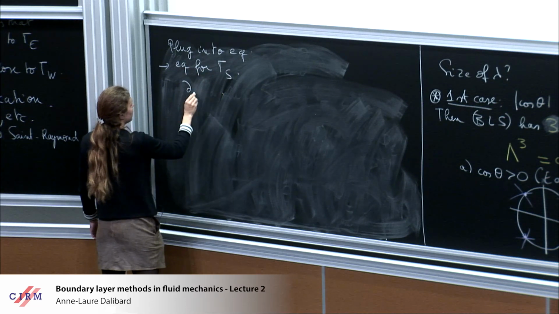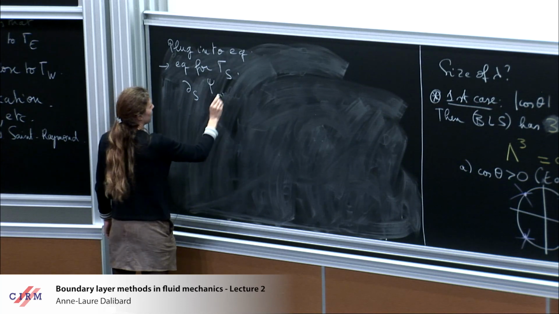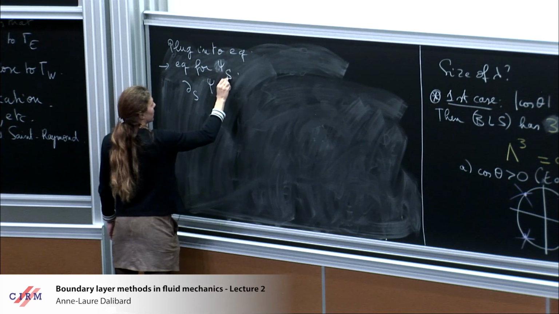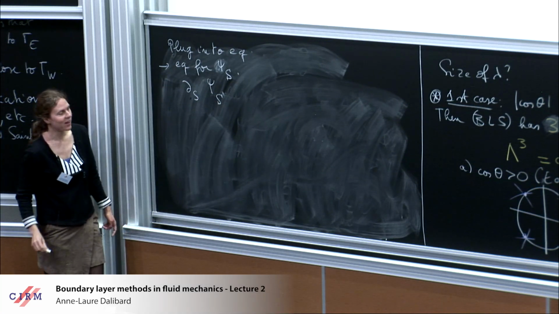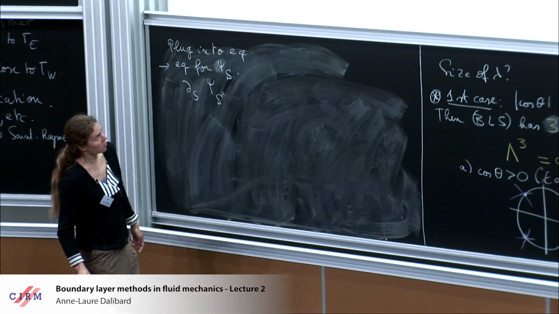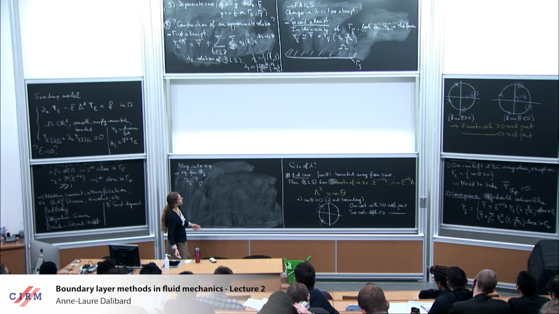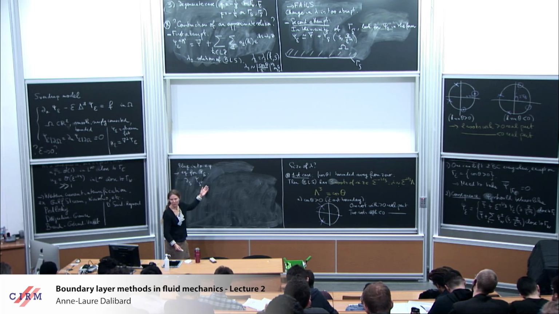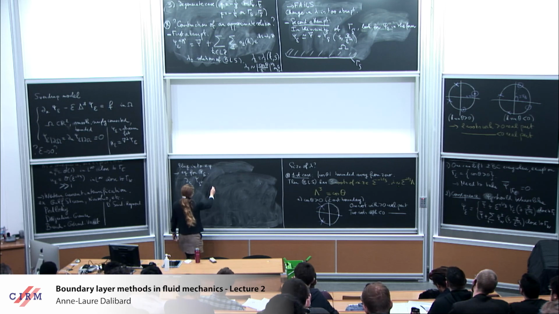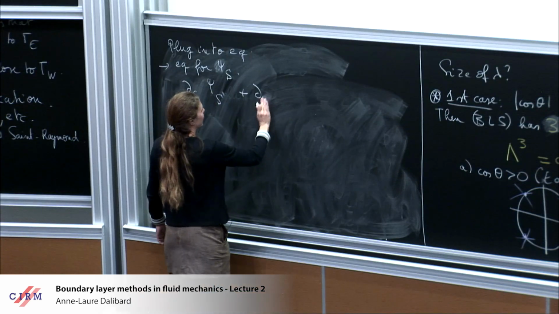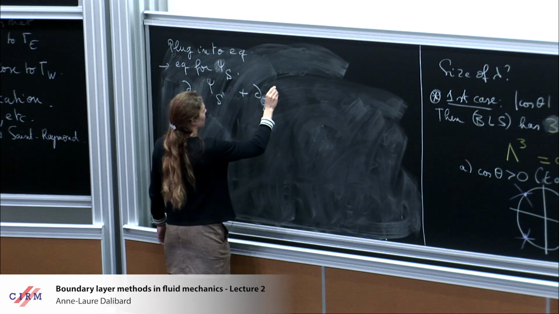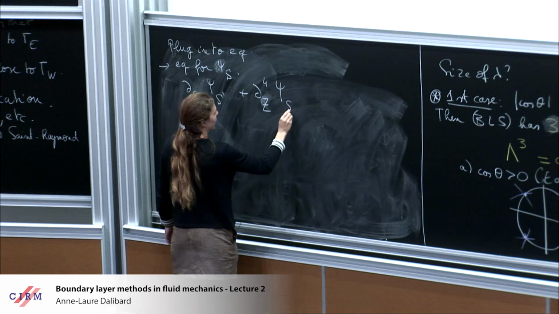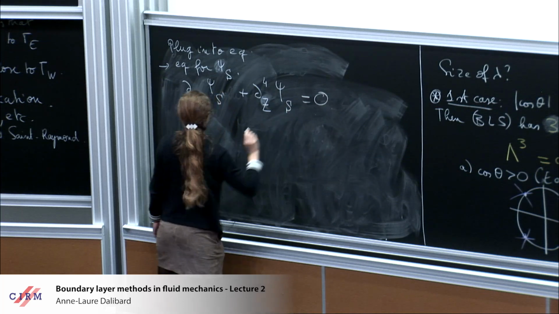You get d bar s of psi s. I'm putting a little bar here because this s is not the same as the other one. I had to choose between north and south. If I'm looking at things close to the northern boundary, then I would have a backwards equation. I wanted to avoid that, so that's the reason why I chose this. I will denote this by, let's say, capital Z to the power 4 psi s equals 0.